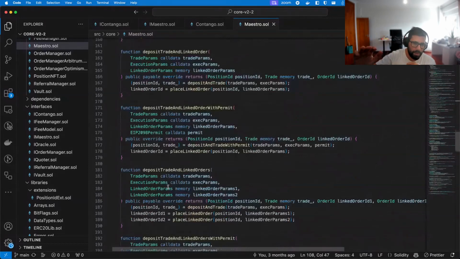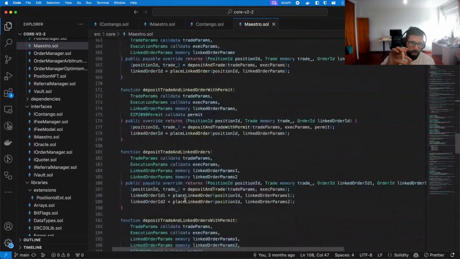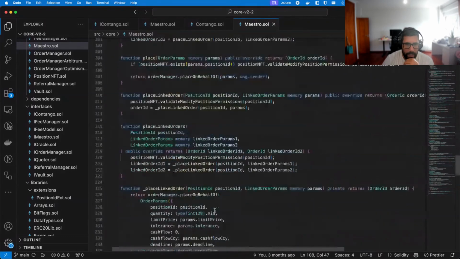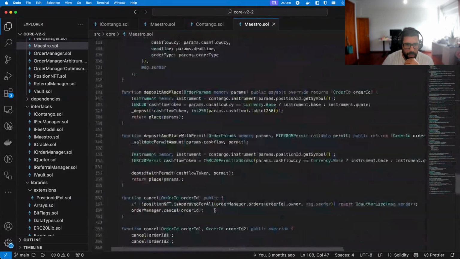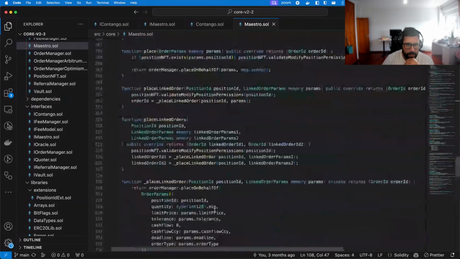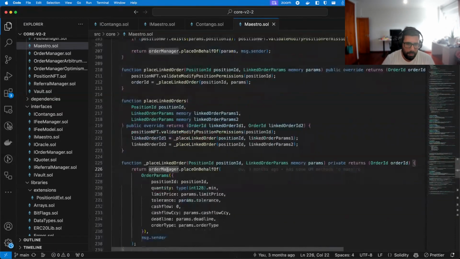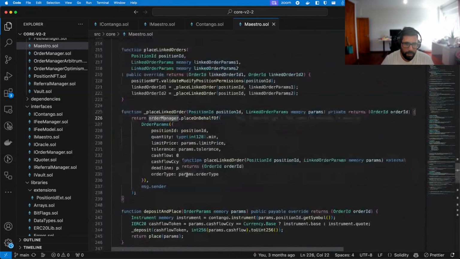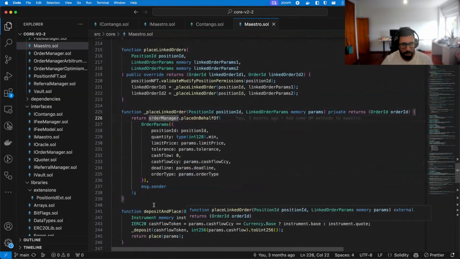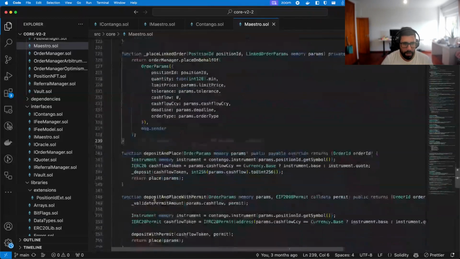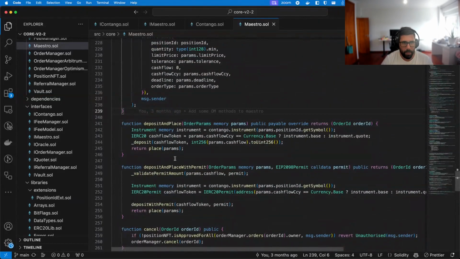So I open a position at this price and I want to close the position when the market reaches $30 more or whatever. It also allows for just placing linked orders, which again is all handled by what we call the order manager. But we have this orchestrator that allows us to combine all these actions into one place in a very succinct way.